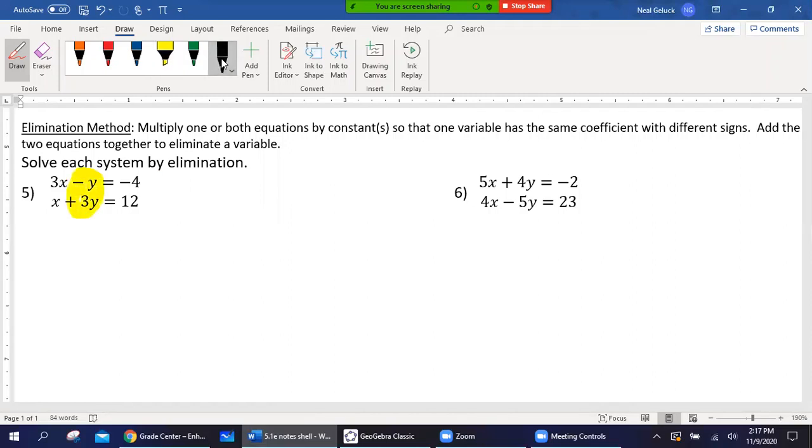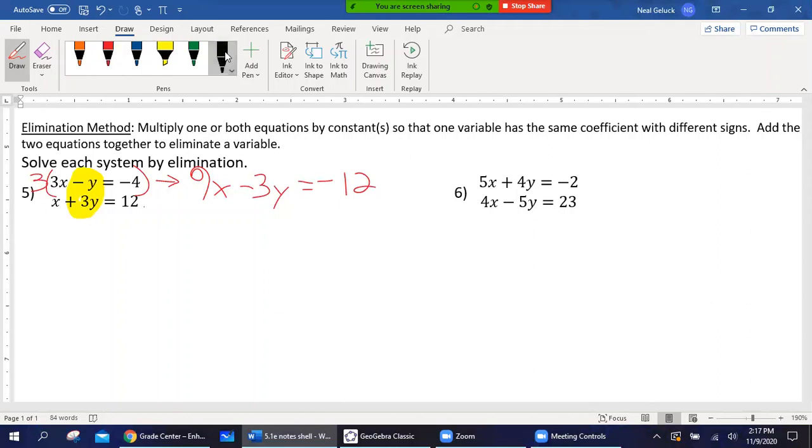If I just multiply the first equation by 3, so notice I'm multiplying everything by 3, that's going to give me 9x minus 3y equals negative 12. I had to distribute that 3 to all of it.